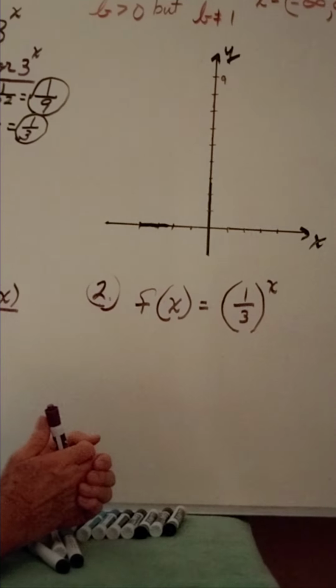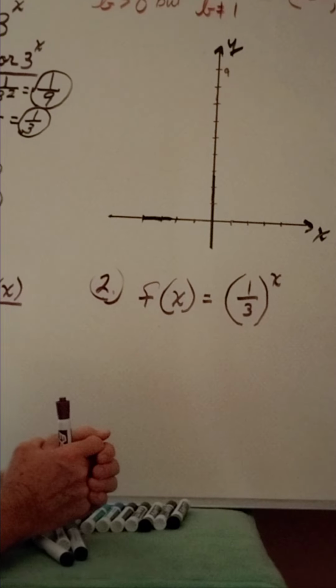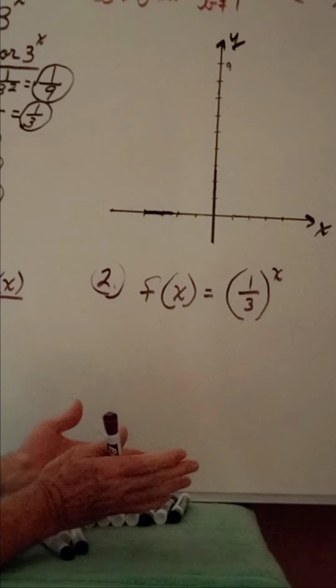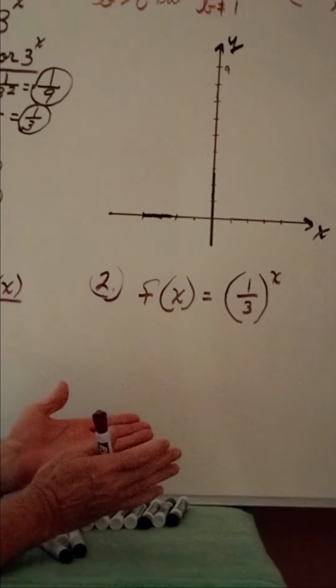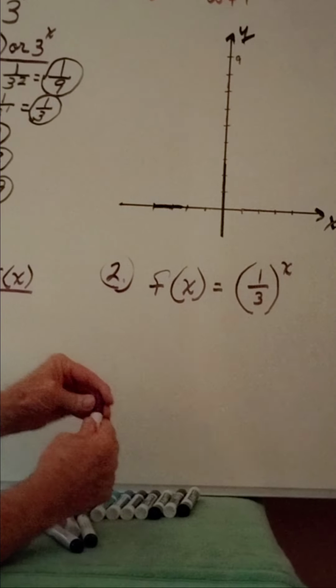And we can do that by making use of the rule of negative exponents. Now, you heard me say negative exponents. There's no negative exponent up there, but there will be if we do the following.